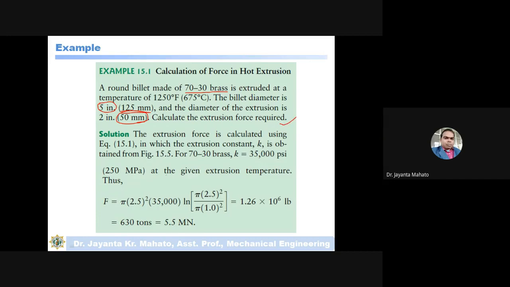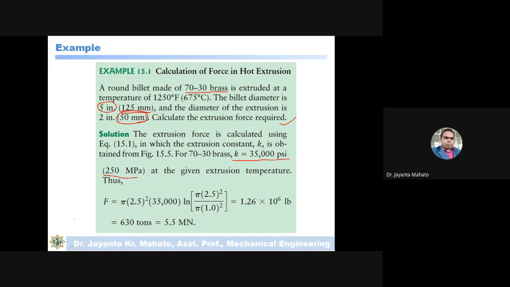The extrusion force required is K times the constant. The extrusion constant for brass is given here. The K value is 35,000 psi, or 250 MPa. This is a given value.